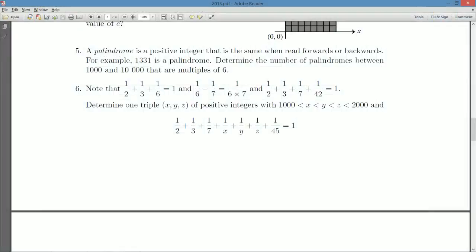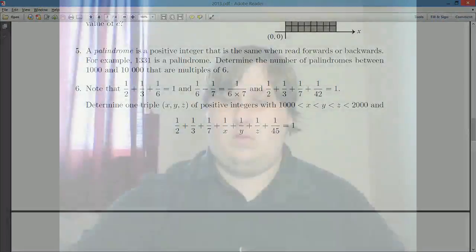Okay, so we're going to have to think for a moment. We'll think really hard. And we have to come up with, how do we tell if something's a multiple of 6? Well, fortunately, there are ways to tell if something's a multiple of 6 just by looking at its digits. So, for example, if the sum of the digits is divisible by 3, then the number is divisible by 3.